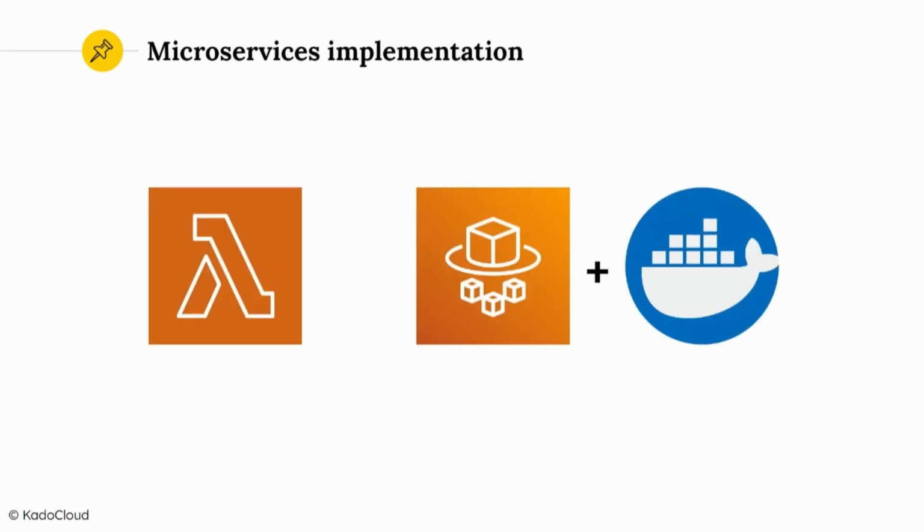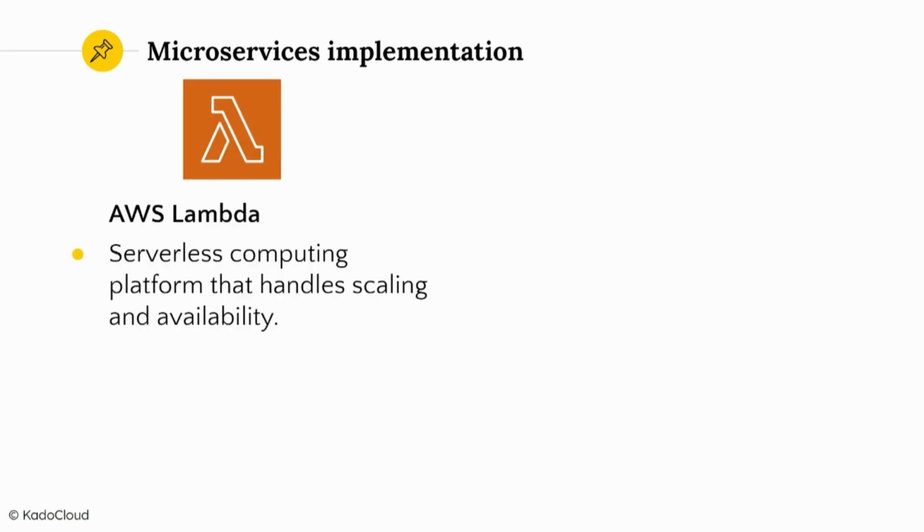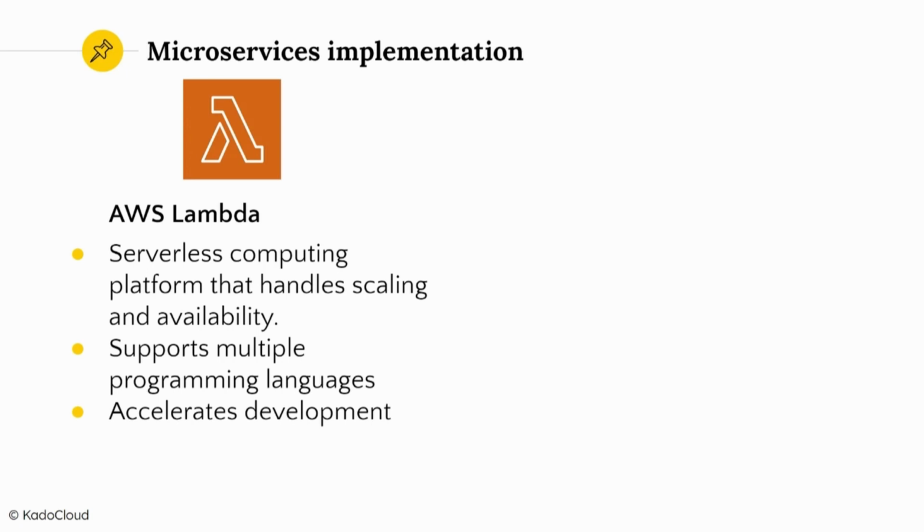There are various AWS building blocks available to support the development of microservices, and two popular options are leveraging AWS Lambda and Docker containers with AWS Fargate. AWS Lambda is a serverless computing platform that allows you to upload your code and leave the rest to AWS. It automatically handles scaling and availability to match your application's demand without requiring you to manage any infrastructure.